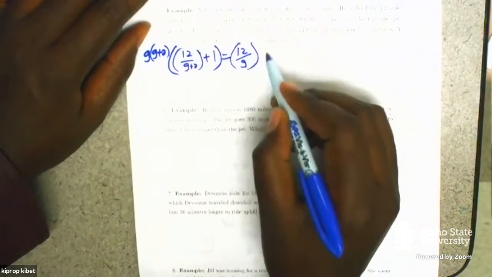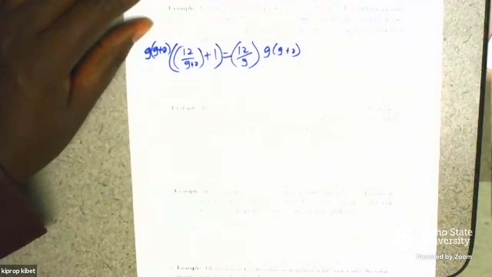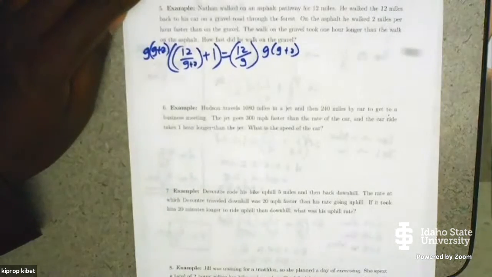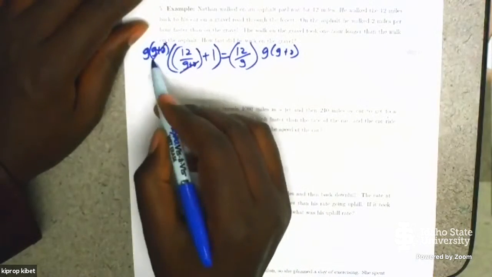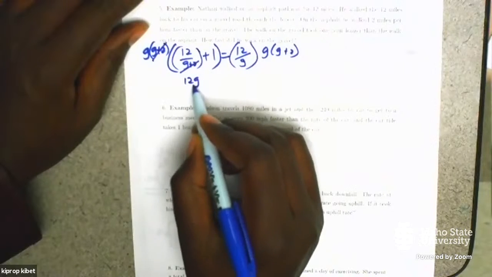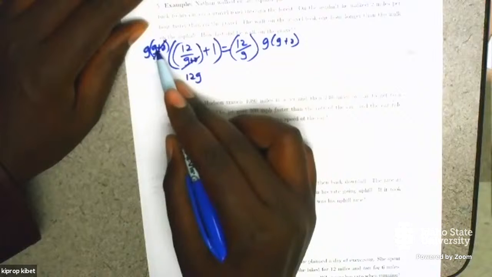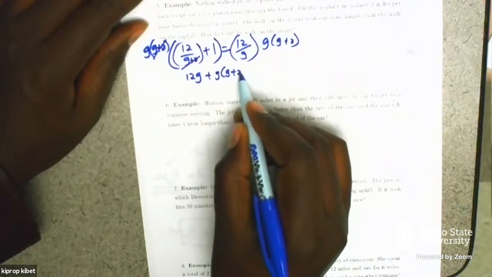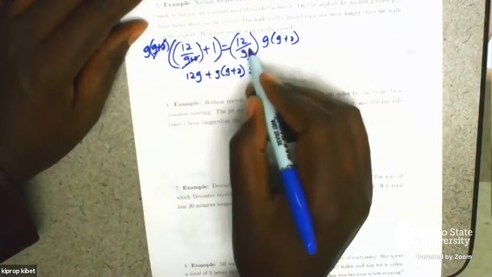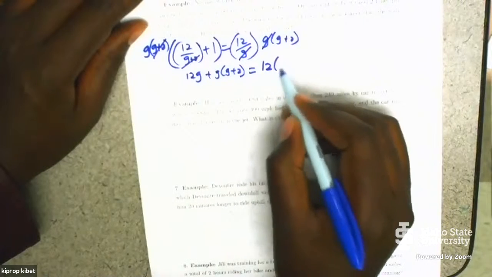When you multiply, this will cancel with that, and you get 12. When you multiply 1 by this, you get plus G plus 2, and this G and that one cancel. There's a 12G plus.